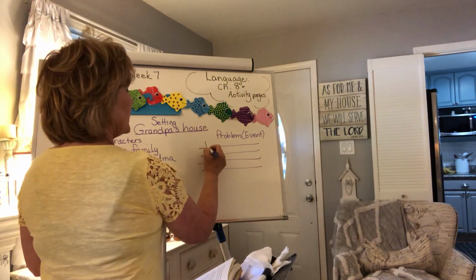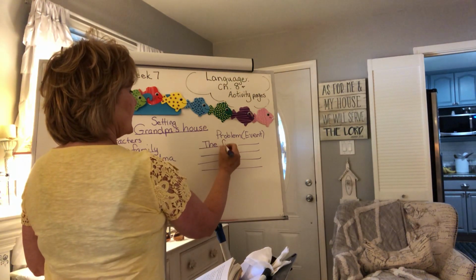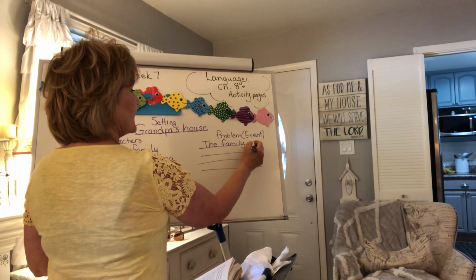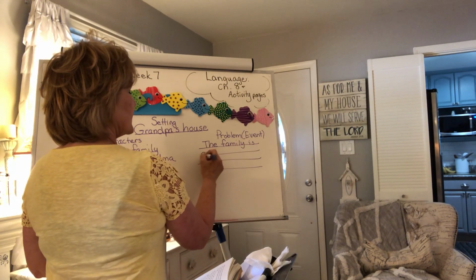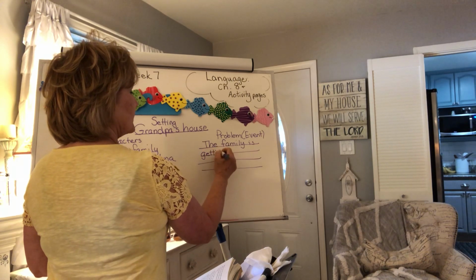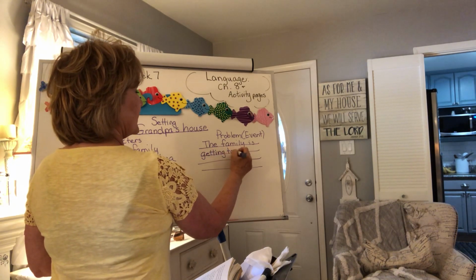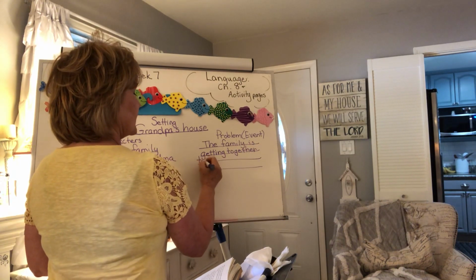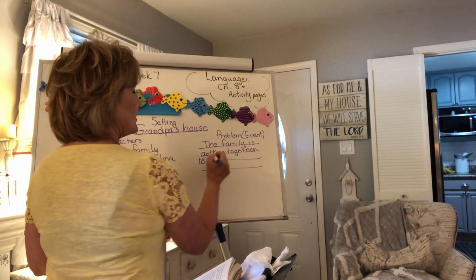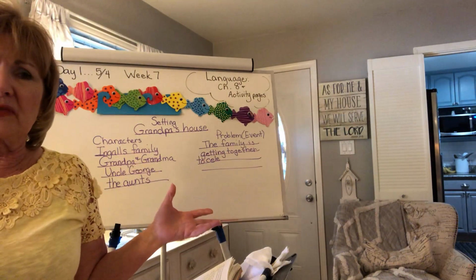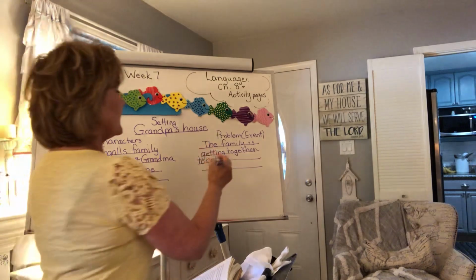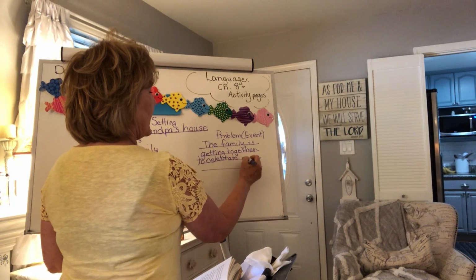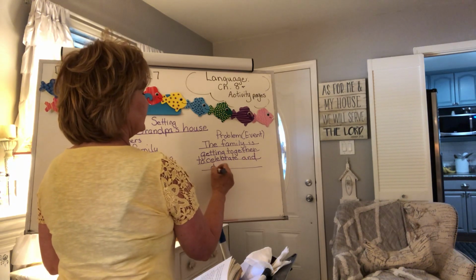And the event would be the family, and that includes aunts and uncle. The family is getting together to celebrate probably the harvest of the syrup and all that, to celebrate and dance.